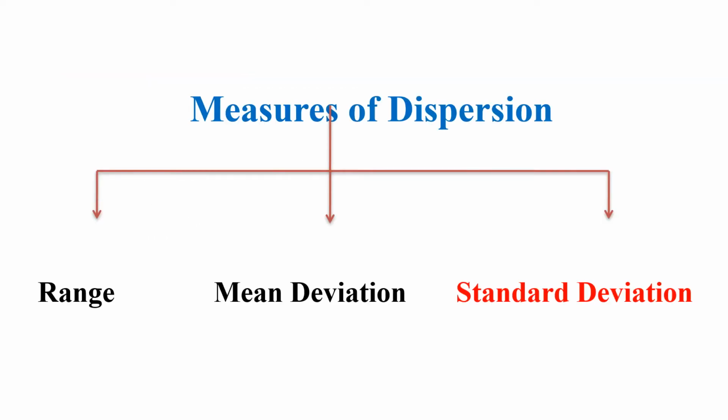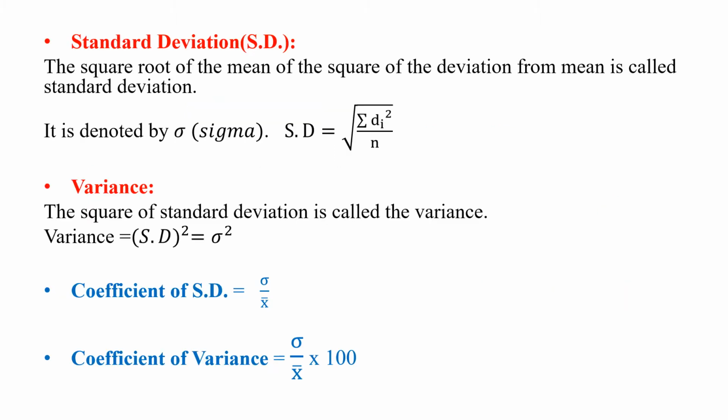In the previous videos, we had seen the measures of dispersion, range and mean deviation, and today we will see standard deviation. Standard deviation, SD, is the square root of the mean of the square of the deviation from mean.